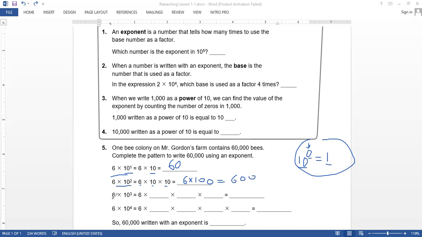Now 6 multiply 10 power 3, which means 10 power 3 equals 1,000, so we need to repeat 10 three times, because the exponent is 3, the number that tells us how many times to repeat the factor 10. 10 times 10 times 10. So that means 6 times 1,000, which means 6,000.